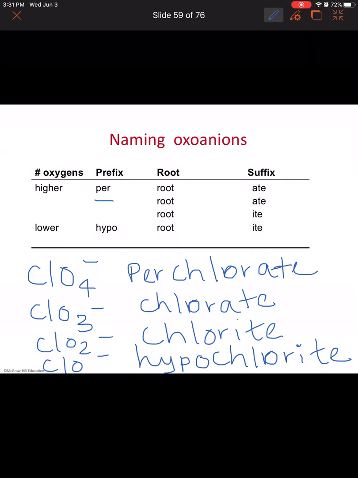Perchlorate, chlorate, chlorite, hypochlorite. With bromine, there would be perbromate, bromate, bromite, hypobromite. With iodine, it would be periodate, iodate, iodite, hypoiodite. That's how you name when you have four different amounts of oxygens.